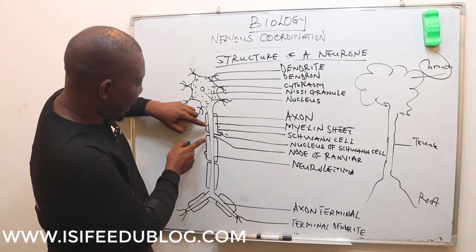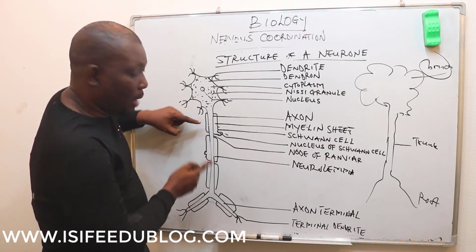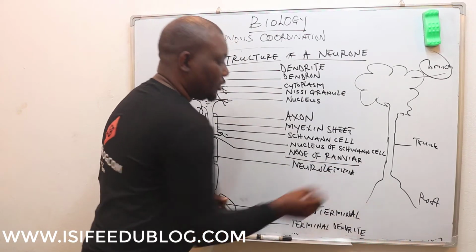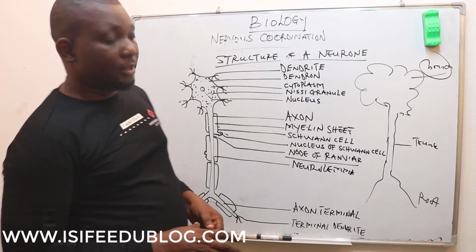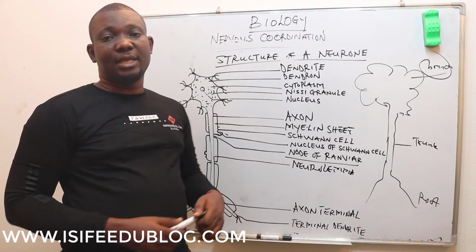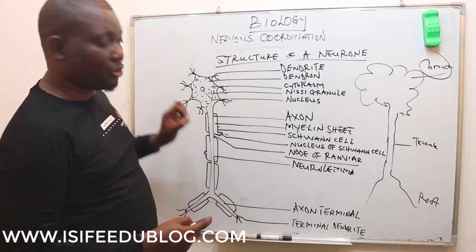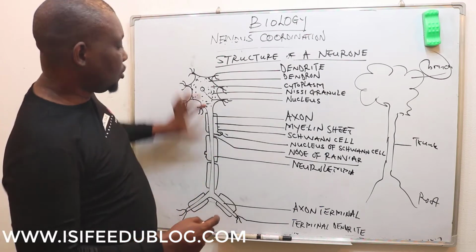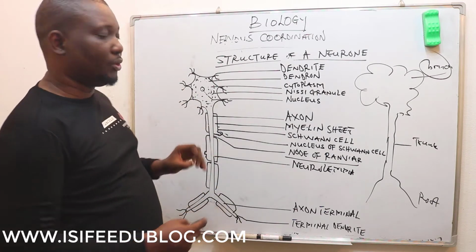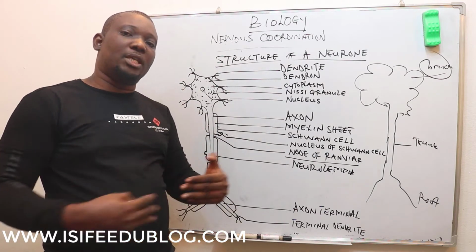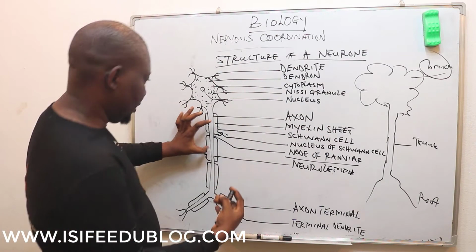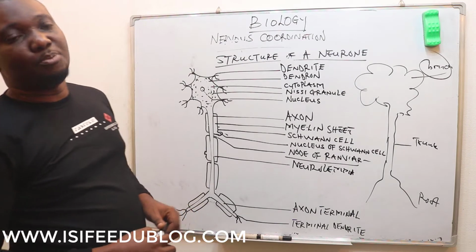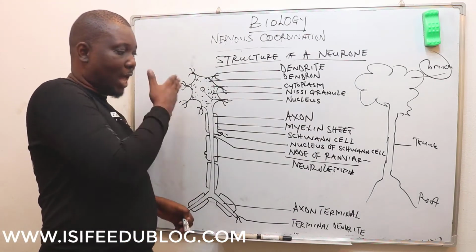The space in between two myelin sheaths is called the node of Ranvier, named after the scientist who discovered the depression between two myelin sheaths. This node of Ranvier ensures that impulses move with great speed. That is the role of the node of Ranvier: it ensures fast transmission of impulses along the axons.